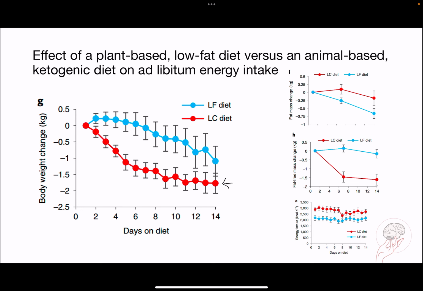The low carbohydrate diet lost more body weight. Well, actually at the end it's not different, but they lost body weight faster, whereas the low fat diet lost the same amount at the end. There's no difference at this last data point. P is greater than 0.05. So the low fat diet also lost body weight, but it lost it slower.